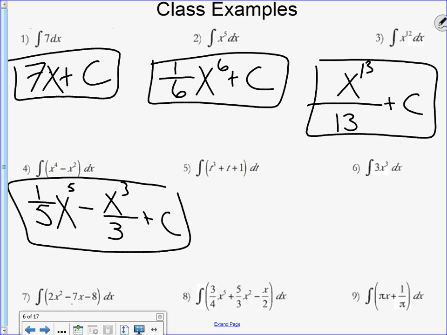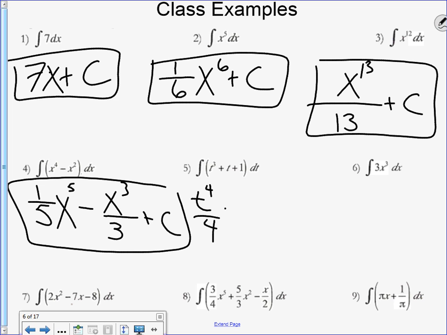All right. Oh, now we got t's. That makes it interesting. Okay, what's the antiderivative of t cubed? T to the 4th over 4, or 1/4 t to the 4th. Correct. Plus the antiderivative of t. Add 1 to the exponent, Jamie.